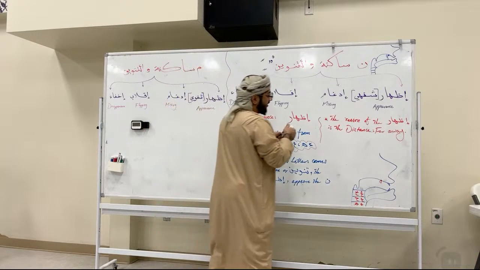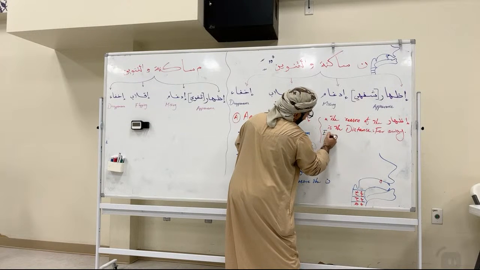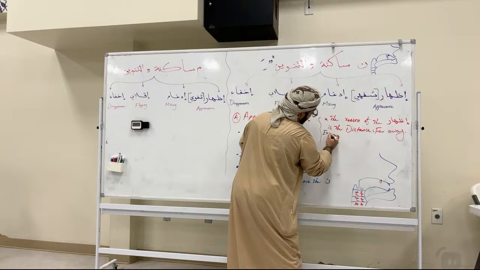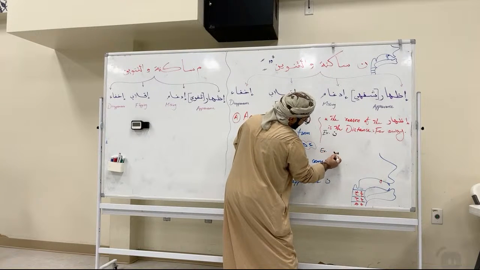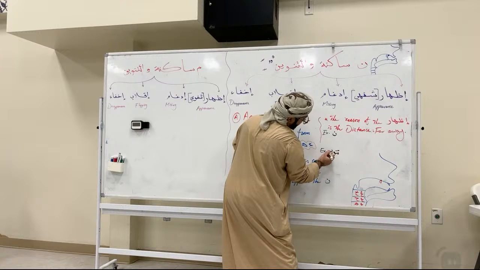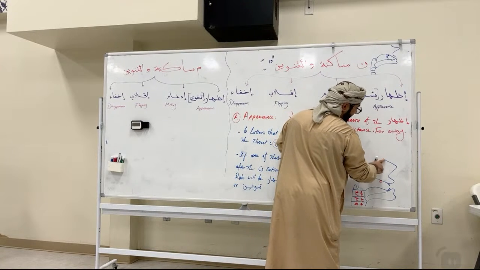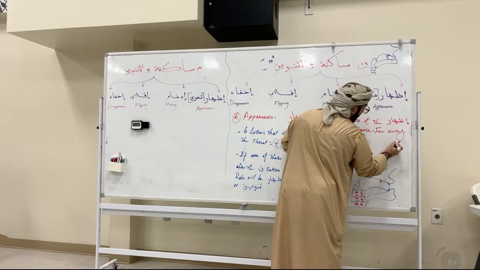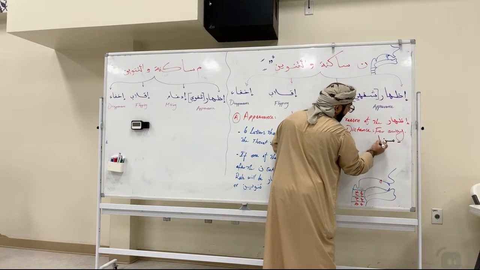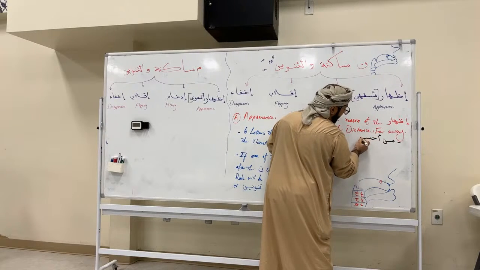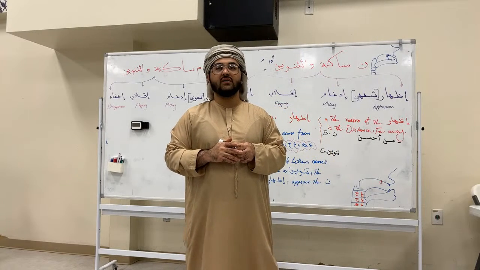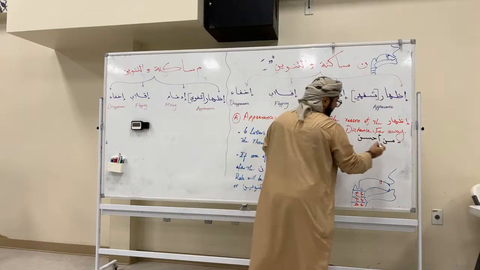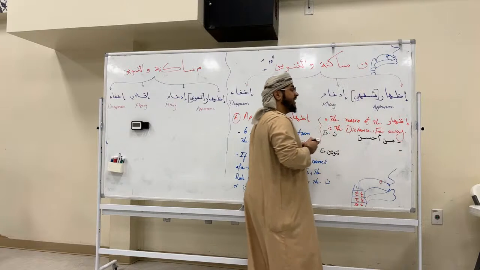Darratin khayran. Okay, let's put examples for noon sakina, and here examples for tanween. من أحسن، من خوف، ومن أحسن قولا، من تحتها الأنهار.